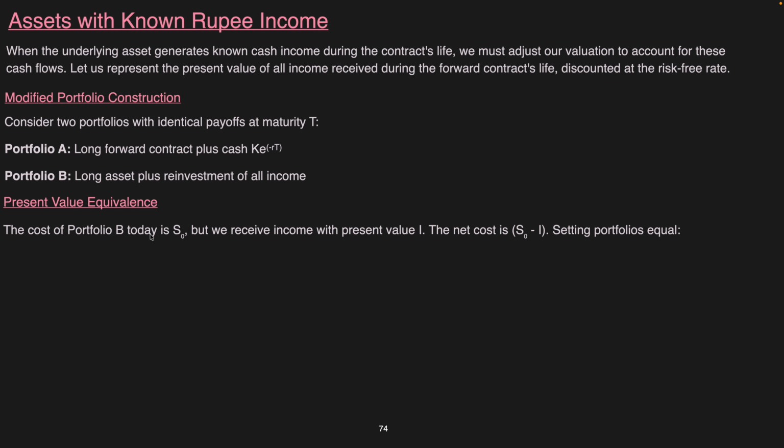If we consider the cost of portfolio B today as S0, we know that we receive an income with the present value of I. So the net cost of the portfolio will be S0 minus I, where S0 is the spot value of the asset and I is the present value of all the income that will be generated by the asset during the period of the contract.